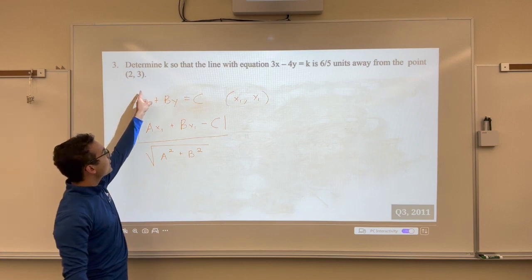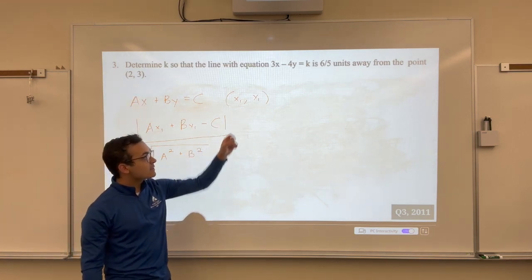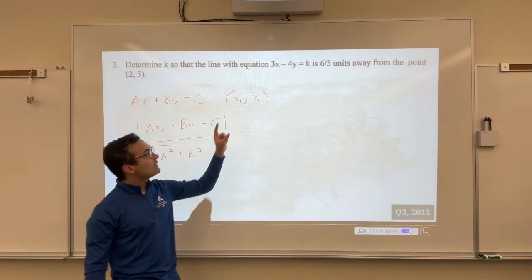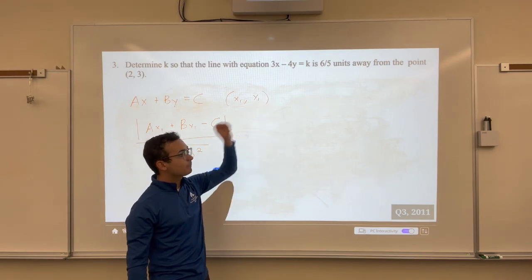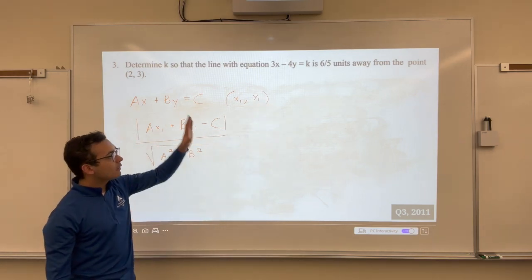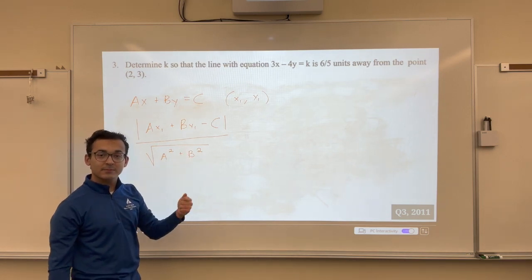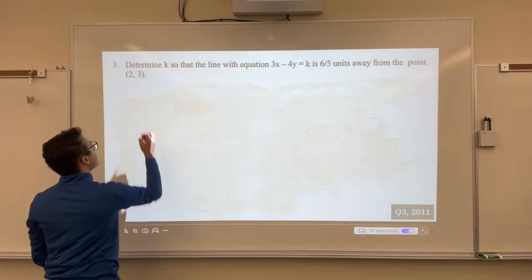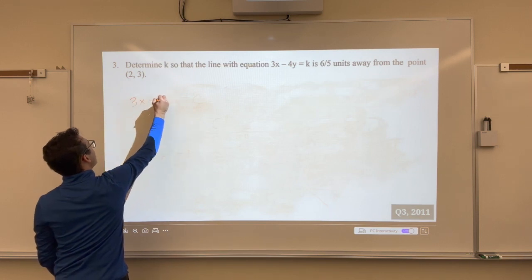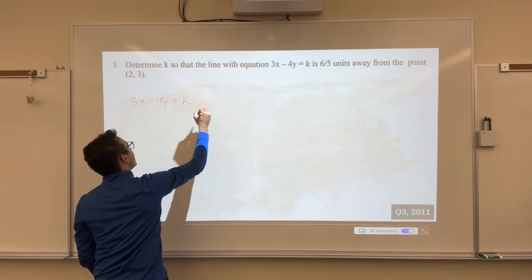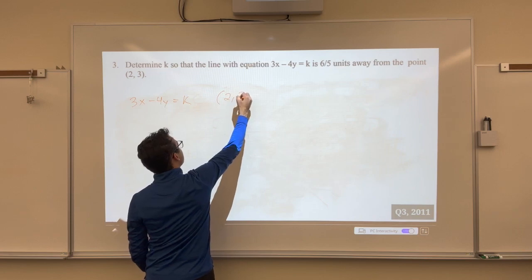So we know the point, we know the distance, the only thing that we don't know is the constant k. So let's go ahead and plug all of the values that we know into this formula, and hopefully we'll be able to get something where we can solve for k. So 3x minus 4y equals k, and the point is 2, 3.